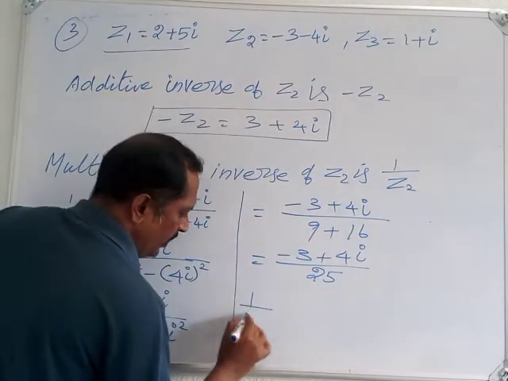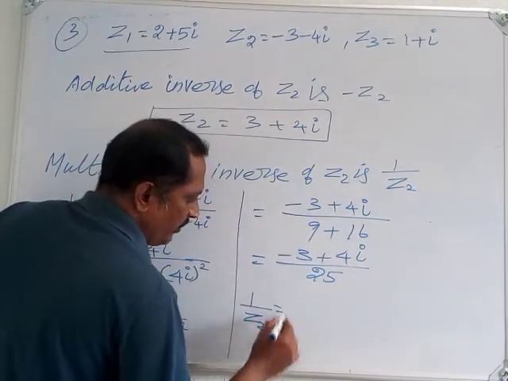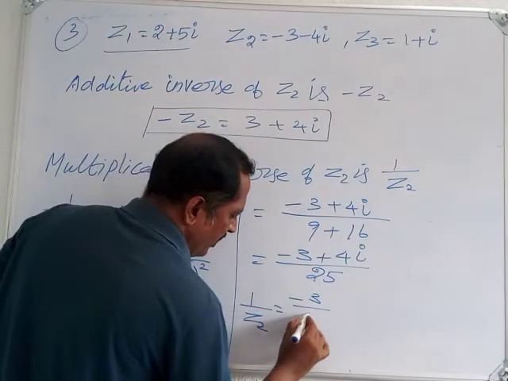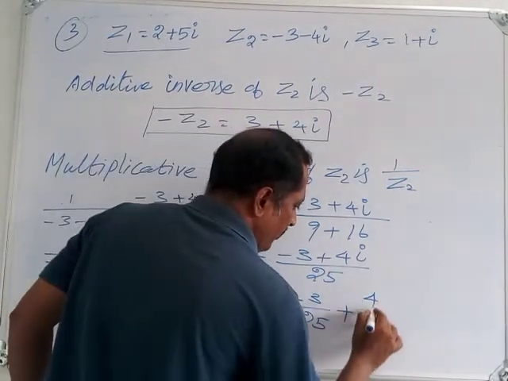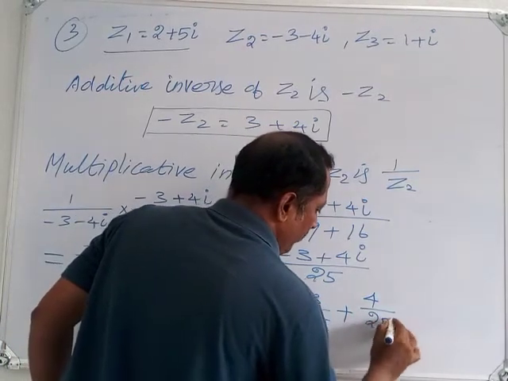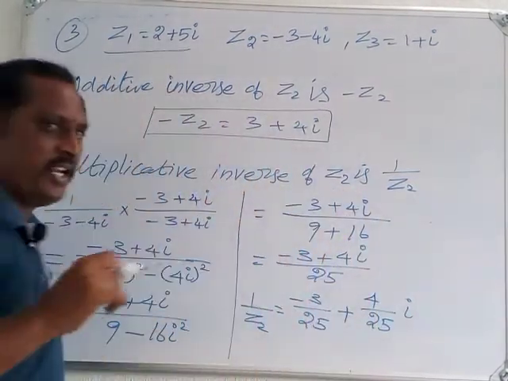Therefore 1 by Z2 is equal to minus 3 divided by 25, this is the real part, plus 4 divided by 25i, this is the imaginary part.